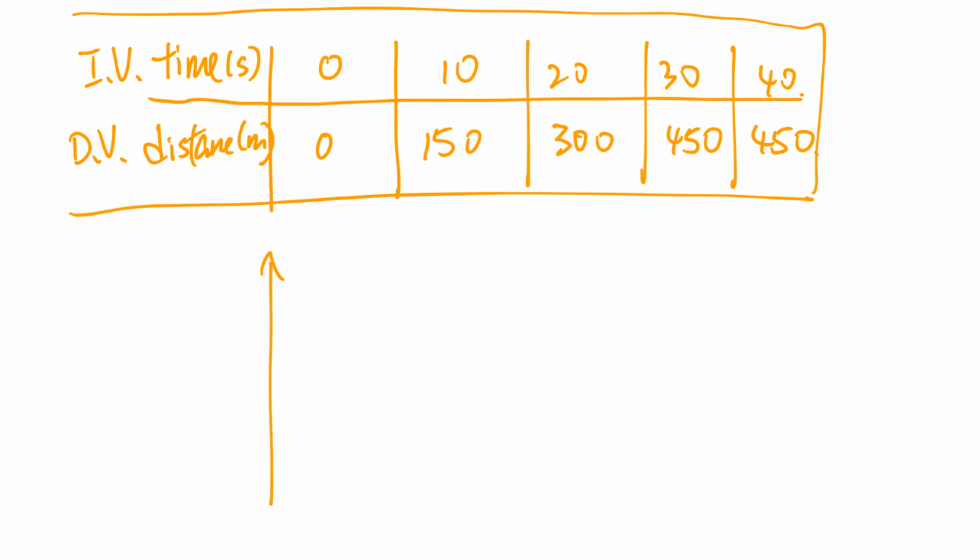For the graph, remember, on the y-axis we have to put the dependent variable, while on the x-axis we draw the independent variable.